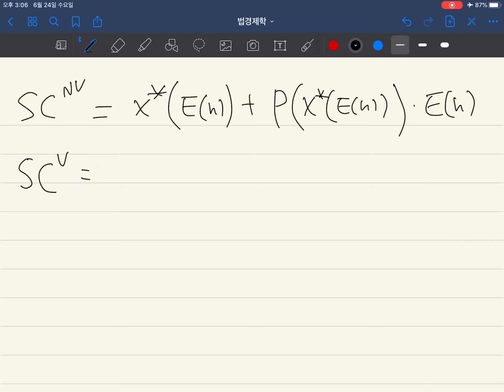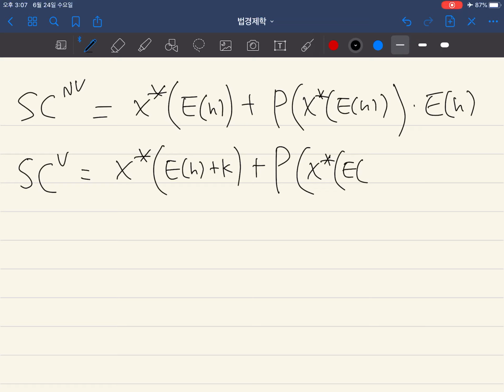And then social cost under verification is, it looks similar. So this is social cost under verification. If you look at these two expressions, they look similar, and the only difference is here.